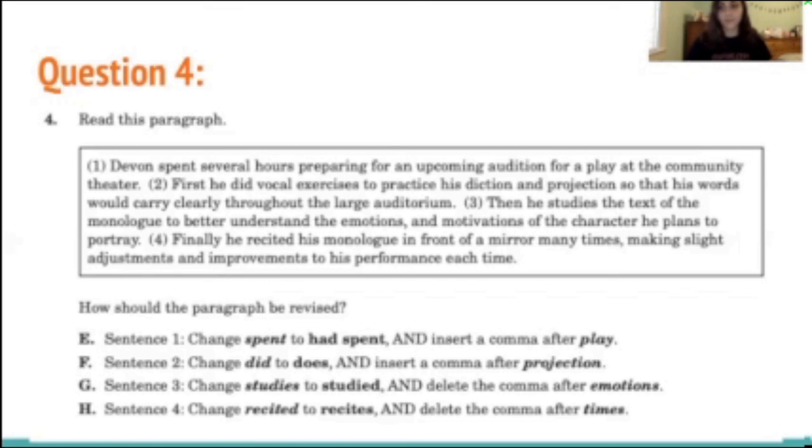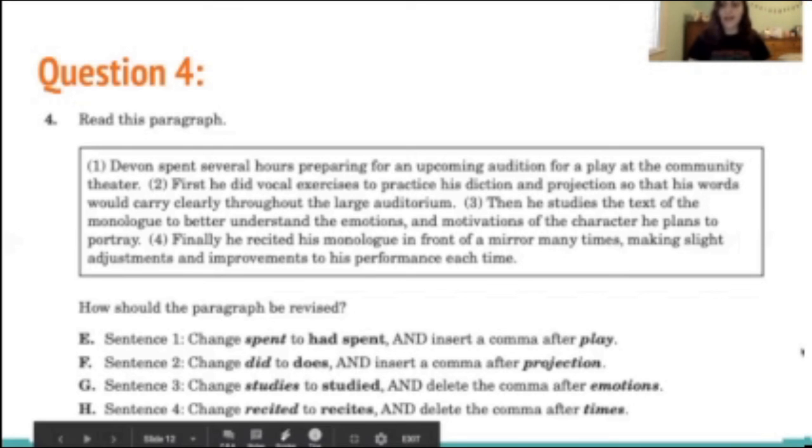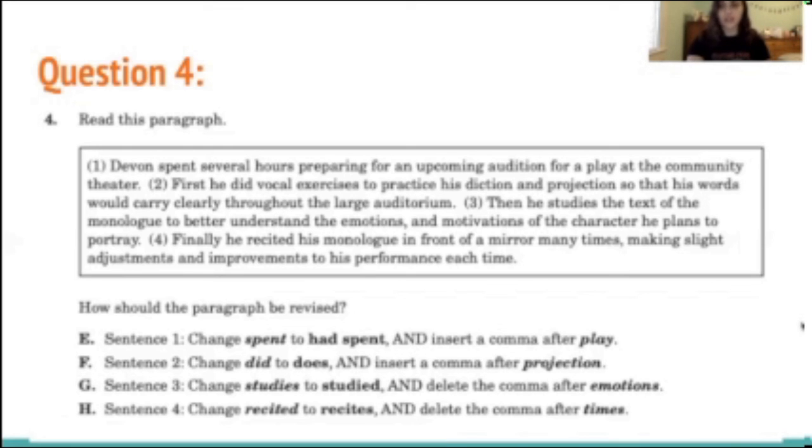Only one of the verbs is in present tense, which is studies in sentence 3. Answer choice G changes studies into past tense, studied. Notice answer choice G also removes the unnecessary comma before "and" in a list of 2 things. Remember, commas are only necessary when listing more than 2 things. Therefore, choice G is correct.